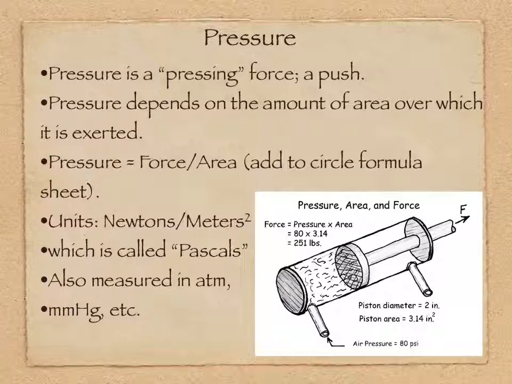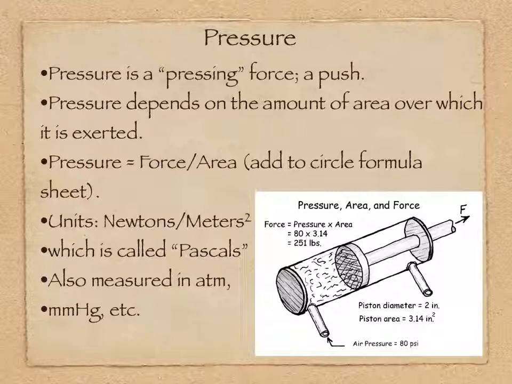If you use the same amount of force and you're pushing, say, the head of a hammer on your palm, the pressure is going to be less because it's spread out over the large area of the hammerhead compared to the point of the needle. We can find a formula for pressure: pressure equals force divided by area.